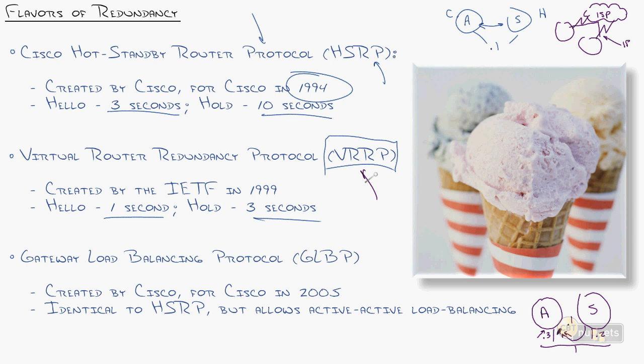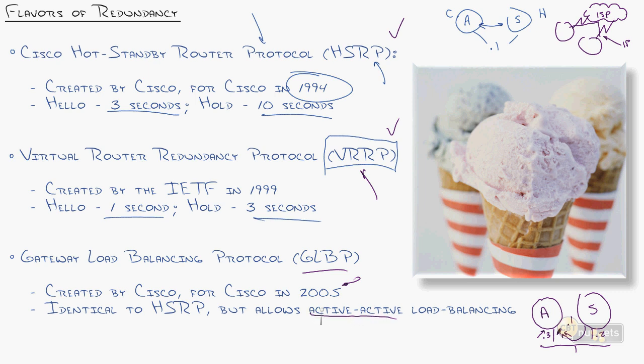Now, GLBP. We're back to the created by Cisco for Cisco in 2005. Both of these guys, check and check, are literally identical except for the differences that I mentioned. They are meant to create an active standby relationship, whereas GLBP stands for the Gateway Load Balancing Protocol.